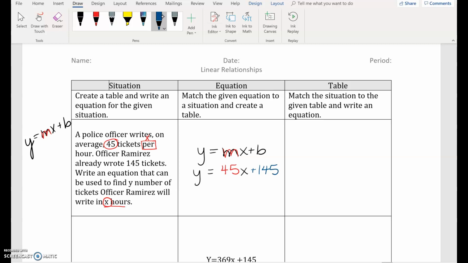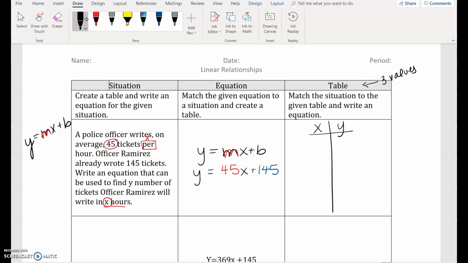So then we're going to be able to make a table. When we make a table, we're going to do x and y. I want each of your tables to have your y-intercept. So the table should have 3 values.